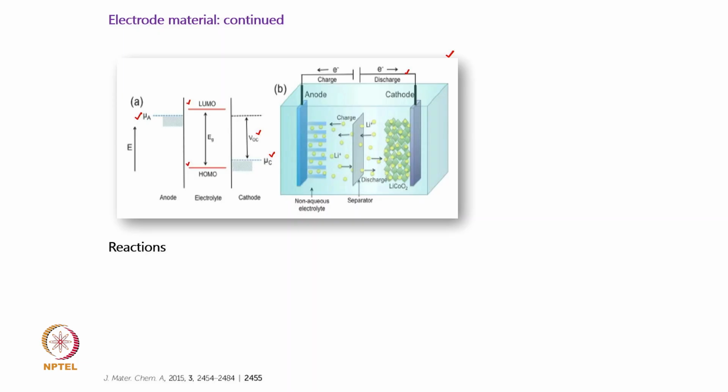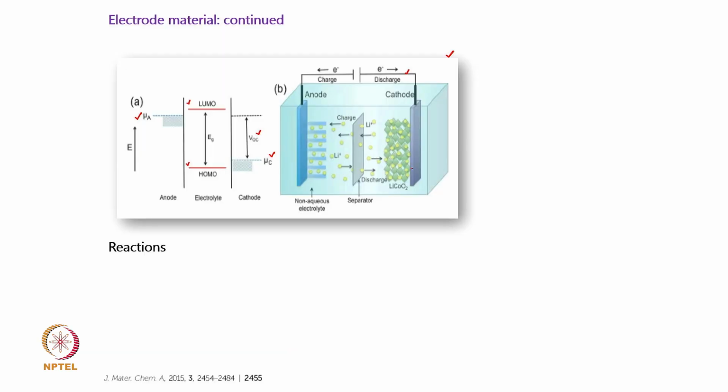And it is a de-intercalation process. That means, if I have an anode, say graphite, then the lithium intercalated inside the graphite layers gets de-intercalated during the discharge process and moves towards the cathode.